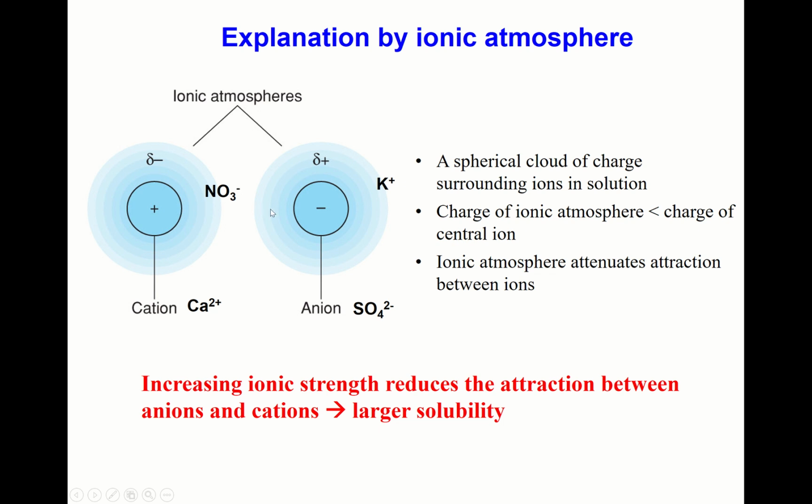By the same argument, the effective charge of sulfate ion is not -2 but smaller than -2, because of the partial positive charge contribution from potassium ion. So effective charge is -2 plus delta. The actual electrostatic attraction between calcium ions and sulfate ions becomes weakened.